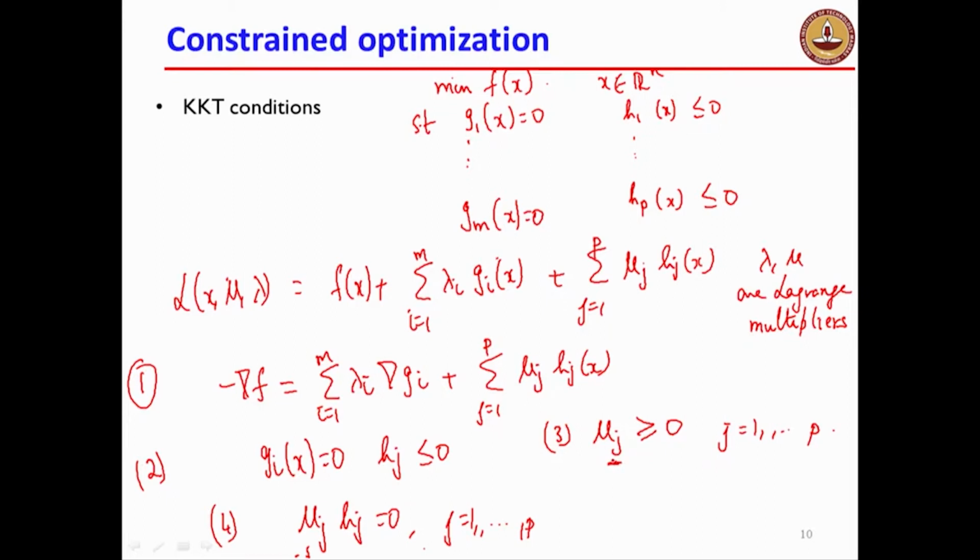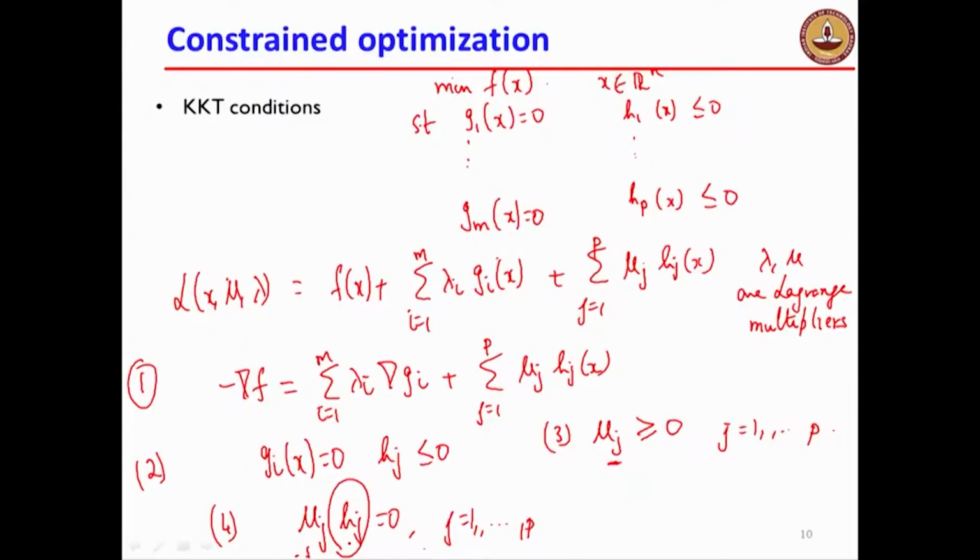The lambdas could be positive, negative or 0, but the mus have to be non-negative. They could be positive or 0. In addition, the strict complementarity condition says that if some constraint h is strictly less than 0, which means it is inactive, it automatically forces the corresponding Lagrange multiplier mu to be equal to 0.